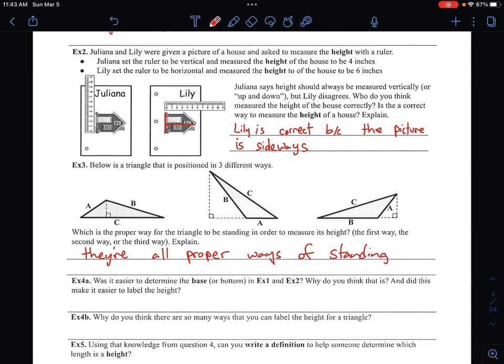So, here's the thing. If you're going to stand this triangle like this, let's talk about why.